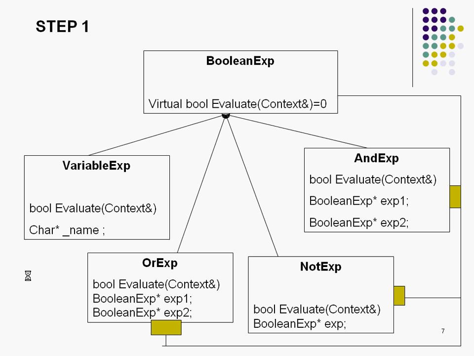This context class all it does is keep a mapping between the name of the variable and the value of that variable. So the evaluate of this variable exp, what is that going to do? It would get me the value of the variable which is represented by this variable exp object.